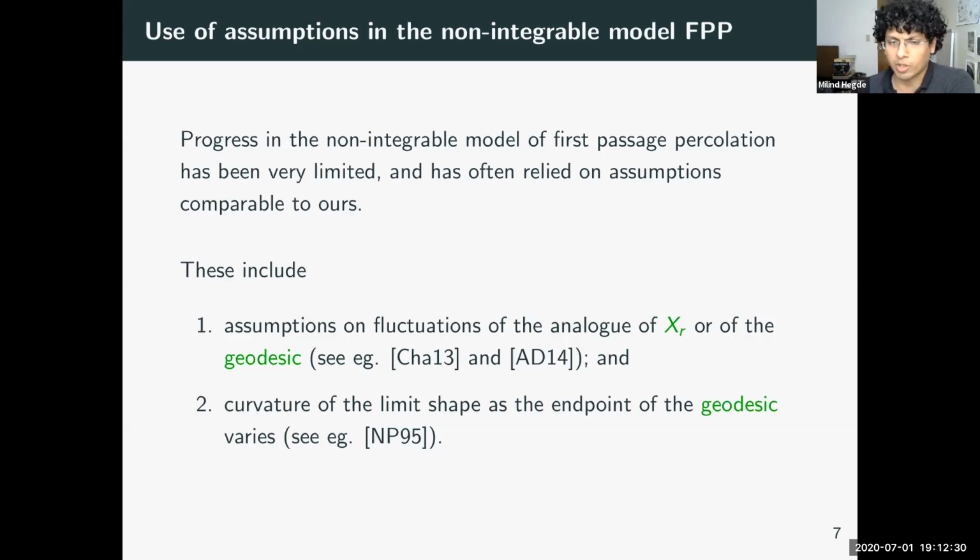And the second example is Newman and Piza from 1995, who show that under certain assumptions on the curvature of the limit shape, you can get results about the fluctuations of the weight minimizing path. I have not defined what the curvature or the limit shape is in LPP, but I'll be doing that next, because that's also going to be one of our assumptions in this paper.